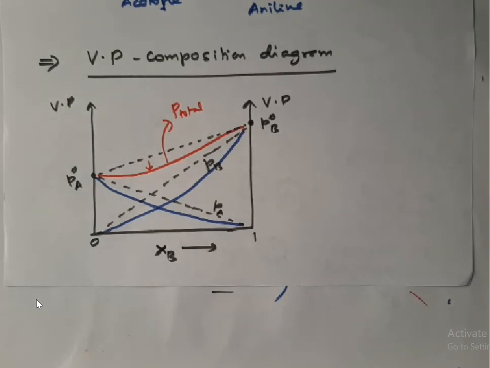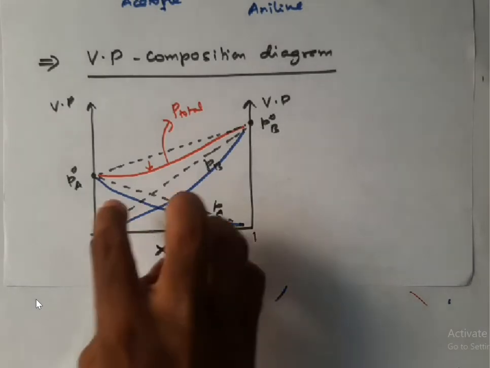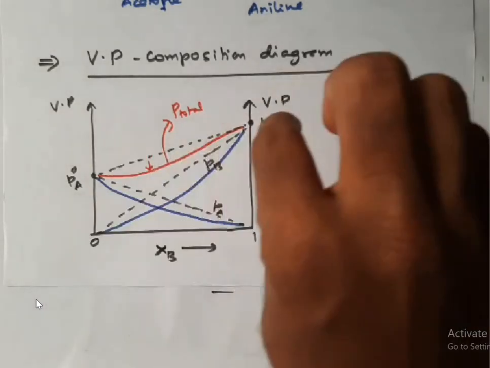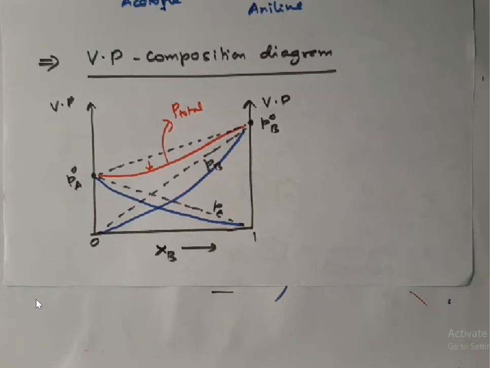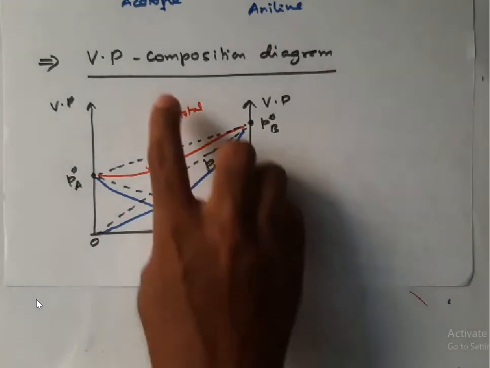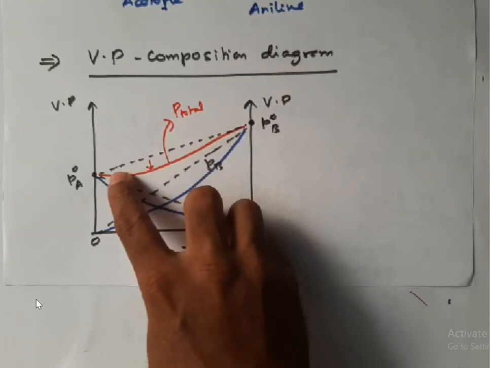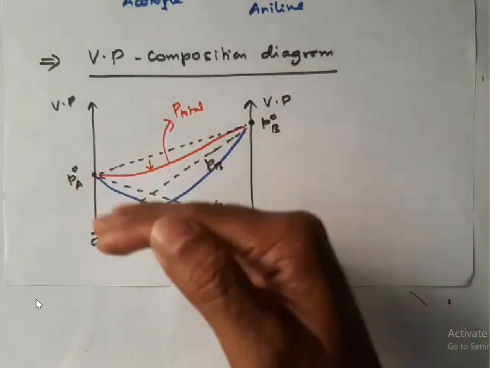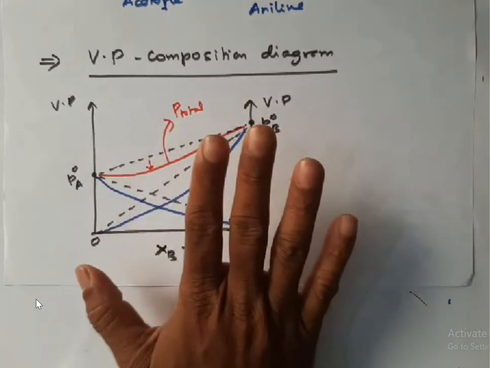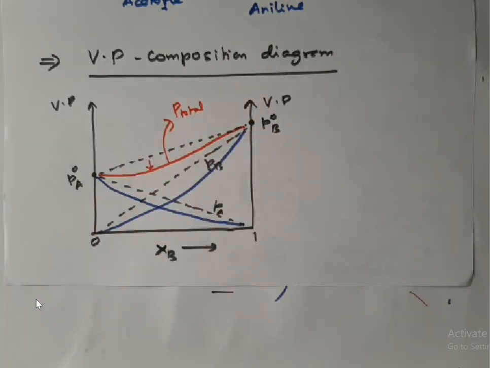The dotted lines indicate ideal solution lines, and the solid curves are for the solution showing negative deviation. So in the vapor pressure composition diagram, if the vapor pressure lines go below the ideal line, it means the solution shows negative deviation. Suppose I plot the temperature composition diagram, let me draw it on the next page.